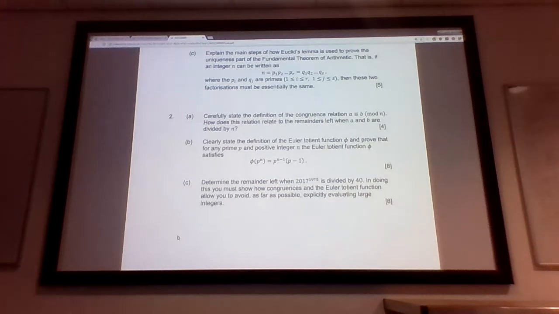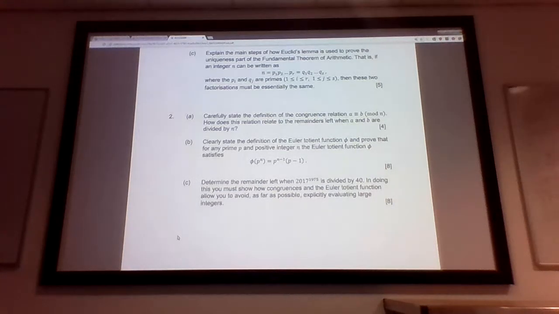But maybe I'll do part C. Part C is relevant for the coursework. We've done some questions like this before, but we can do another one here to remind us of the importance of the Euler totient function.